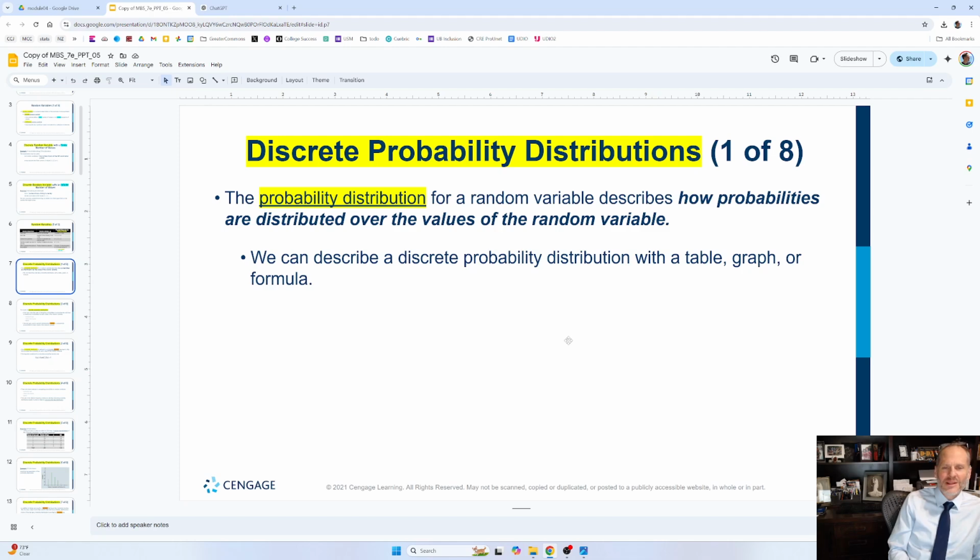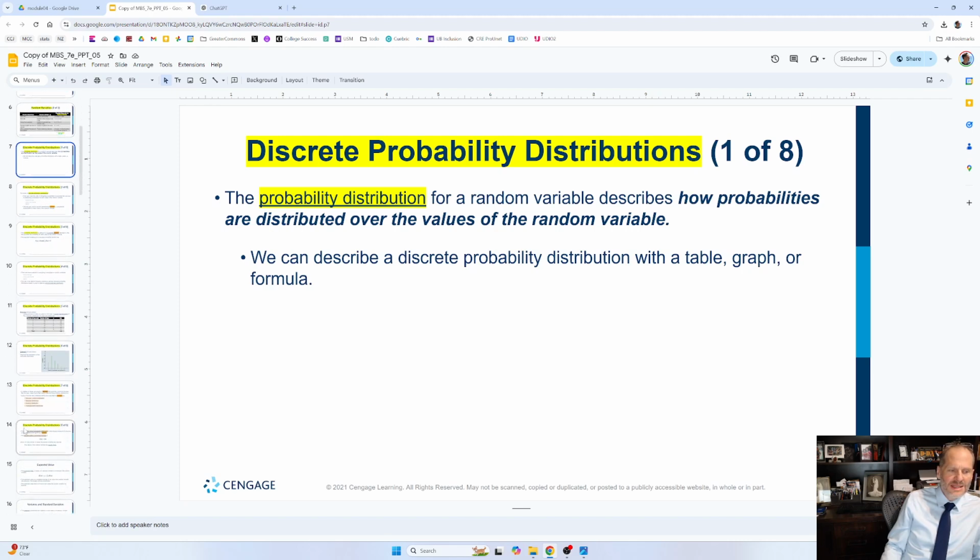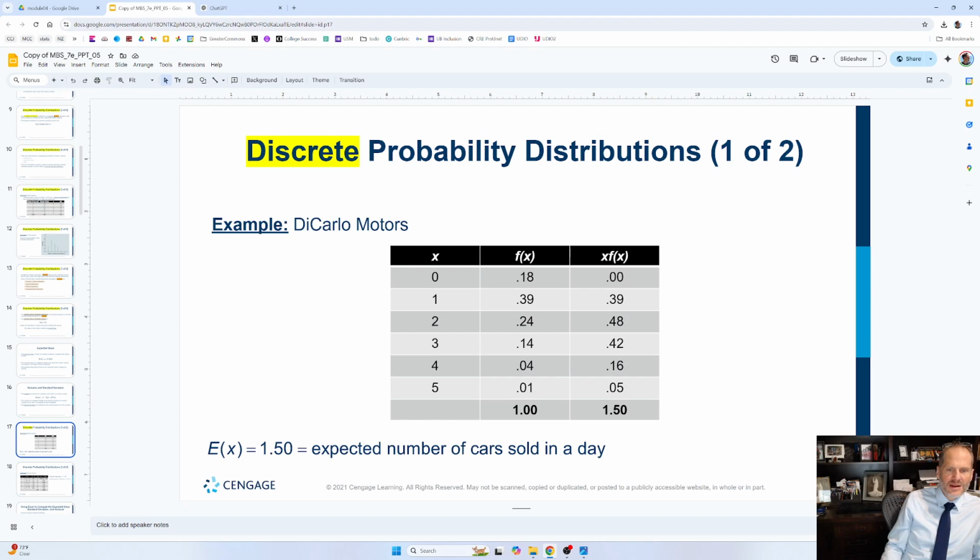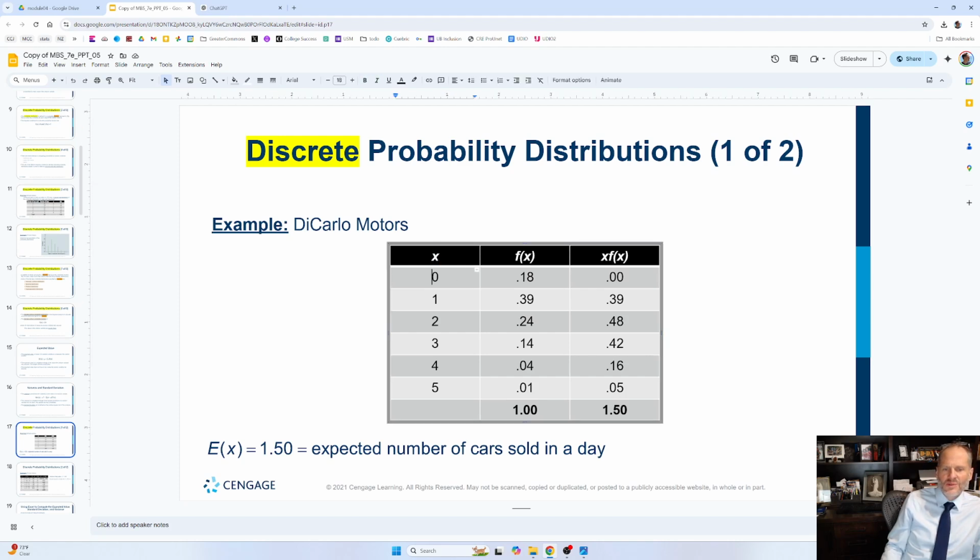And now the next thing we're going to learn is discrete probability distributions. The probability distribution for a variable describes how probabilities are distributed over the values of the random variable. We saw that when we looked at slide 17. The variable is 0, 1, 2, 3, 4, or 5, representing how many cars are sold in a single day. And here's the probability distribution.